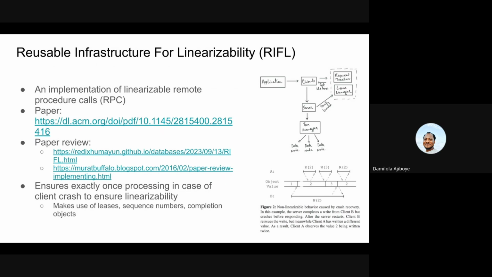It's trying to ensure some of these constraints that we've seen in this consistency model, and it does it by using things like a lease and a client ID. That's how it's able to track the order, and also make sure that we have this linearization point possible.